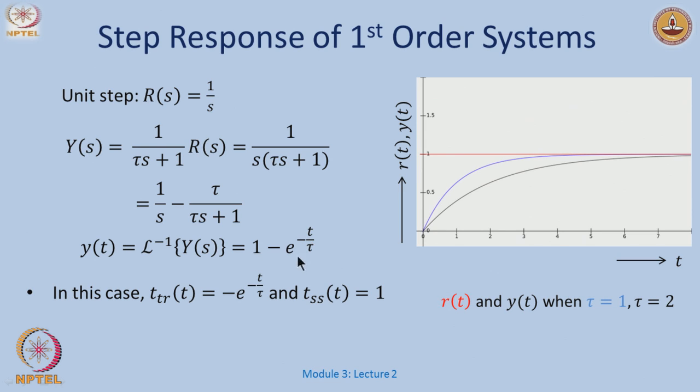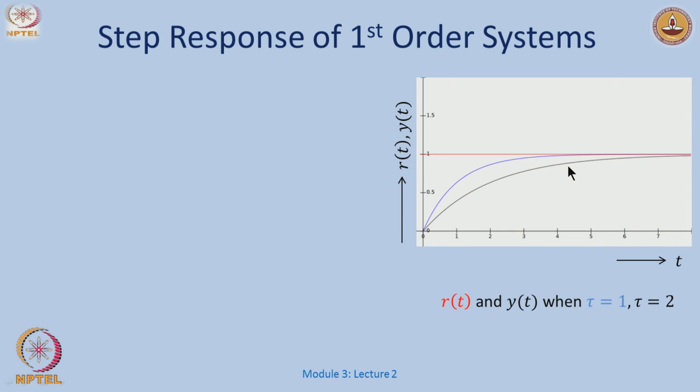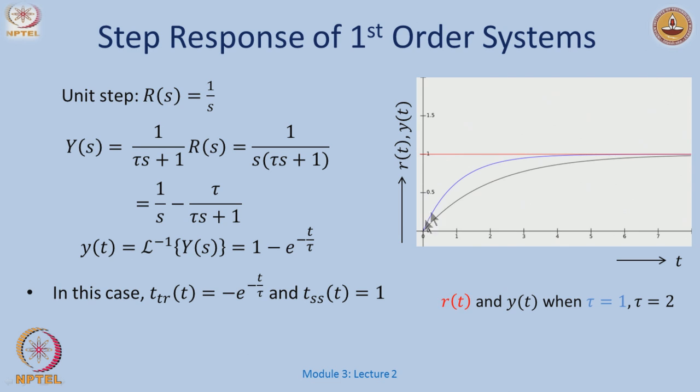If I just plot this for two values, say tau equal to 1, I start at 0 and I end up at 1 asymptotically. If I take tau equal to 2, I still end up at y equal to 1, but a little slower than before. So, in this case there are two terms.